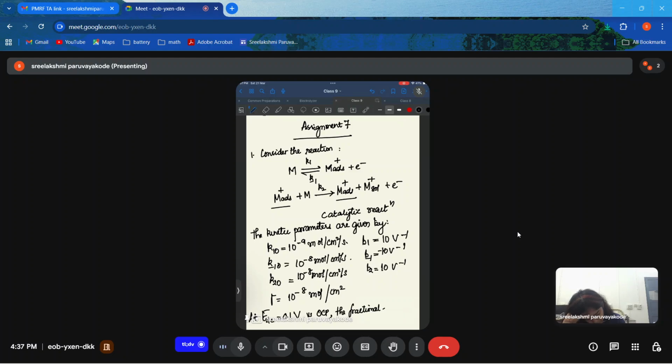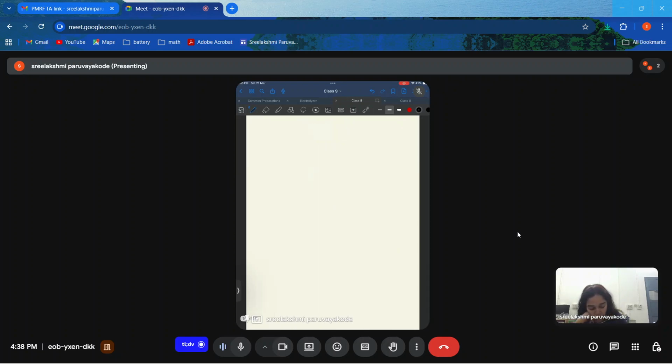The fractional surface coverage of M adsorbed is given by what? We have to find out the fractional surface coverage. We've already done it, but still let's do it.